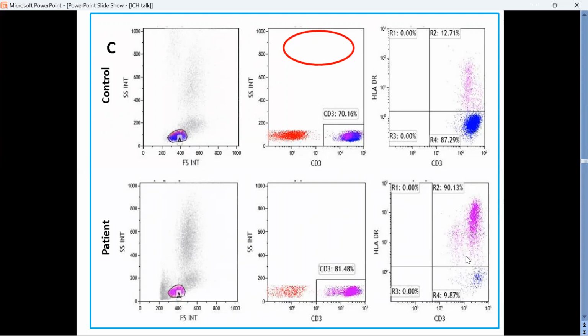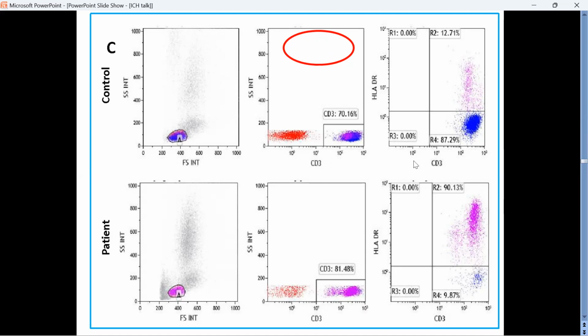And one more take-home message I would give with this slide is that whenever you're doing a flow cytometric analysis for immunodeficiency, you should always run a parallel control, so that it stands as a check on whether your assay is right, whether your antibodies are functioning. It's always better to run a control along with a patient sample.